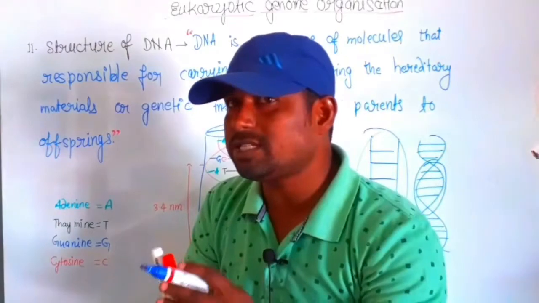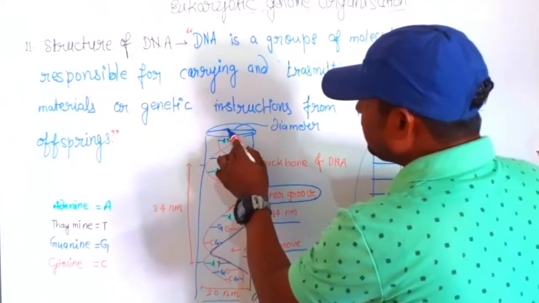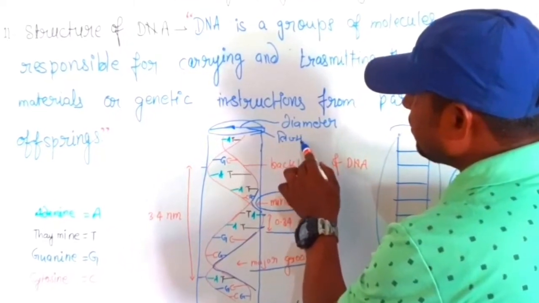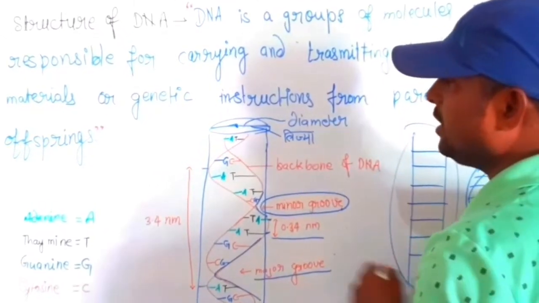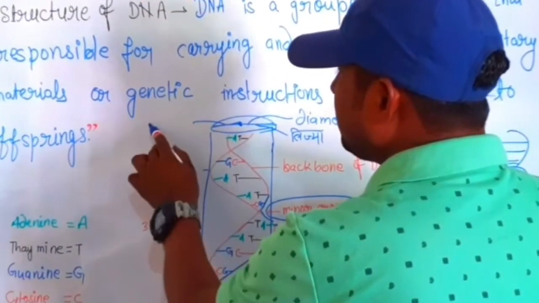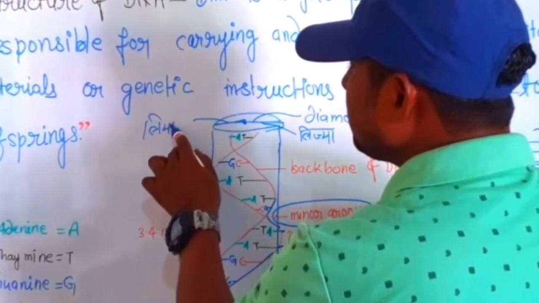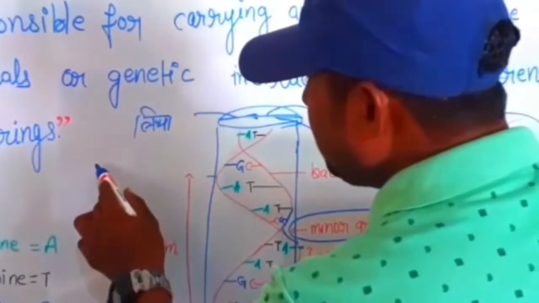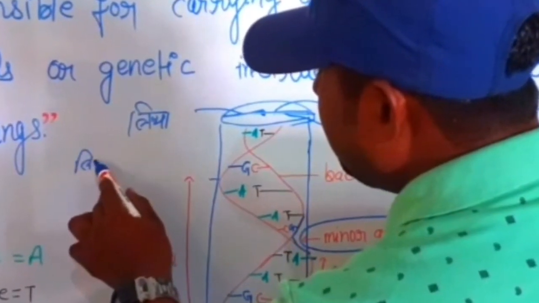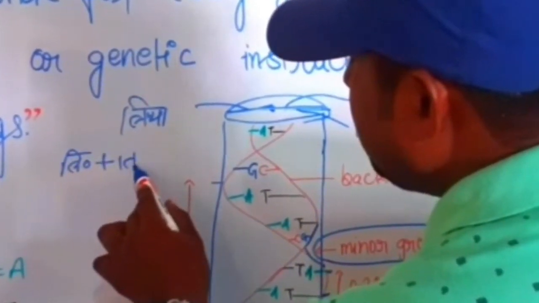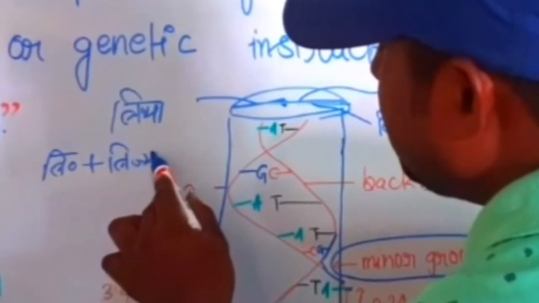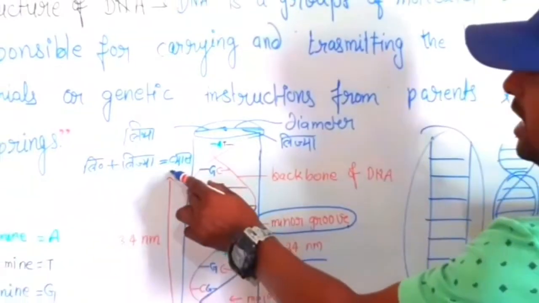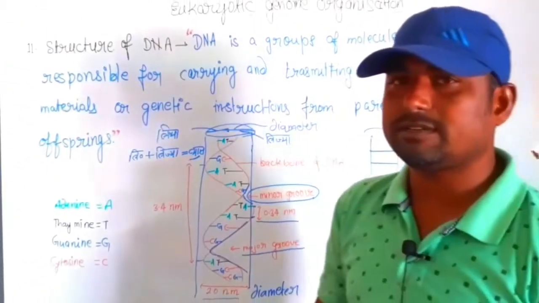Let's understand in Hindi. This is the trijya. This is the trijya. Both trijya, it means trijya plus trijya barabar vyas. Vyas is diameter in English.